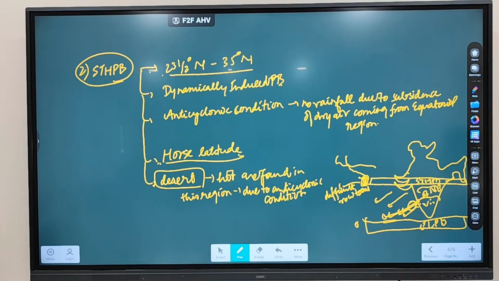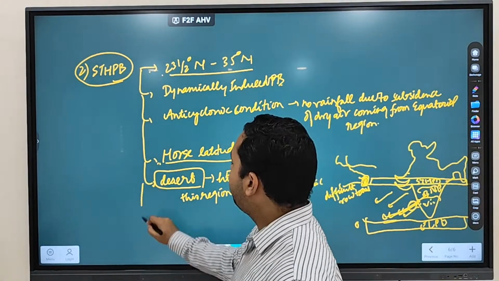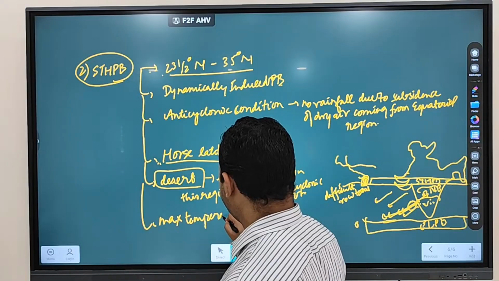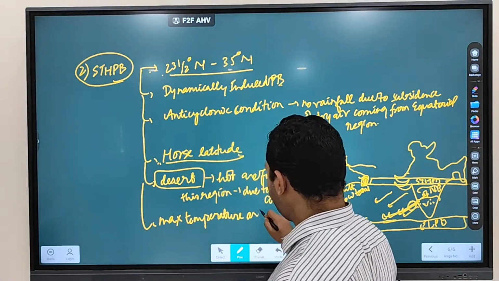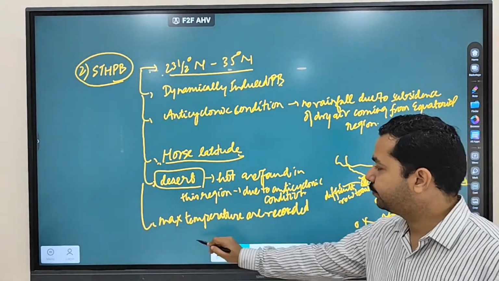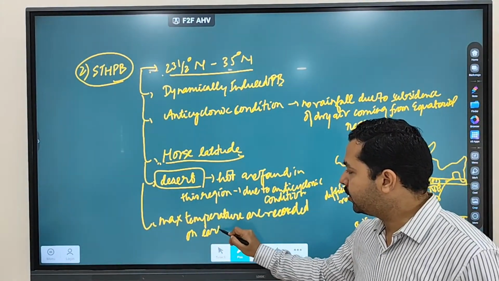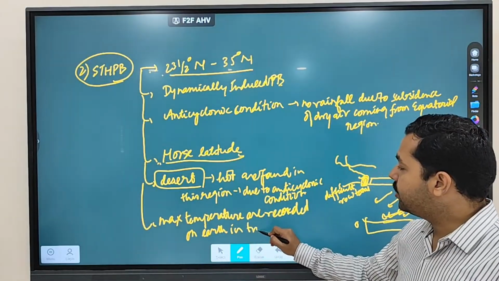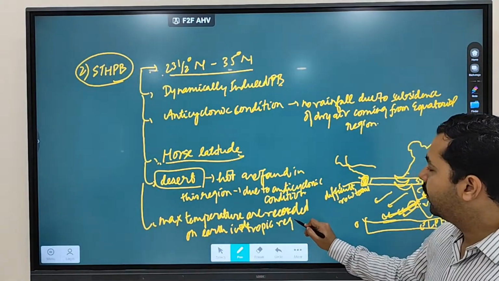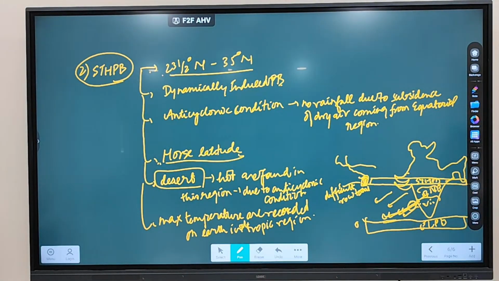And also, the maximum temperatures on Earth are recorded in the subtropic region. That thing we also find in the subtropical high pressure belt.